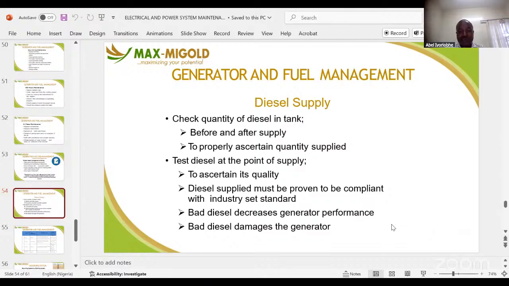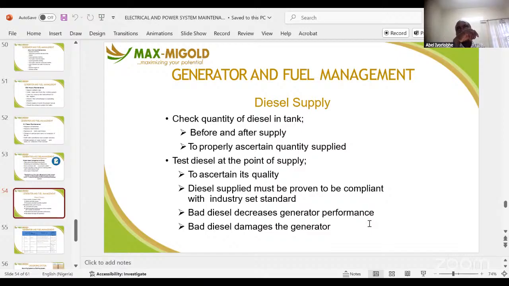Bad diesel decreases generator performance, and bad diesel damages the generator. So when you don't pay attention to your diesel, that's when people say, I want to do overhauling, get the injector pump. No, we have filters before diesel gets to your pump and your nozzles.